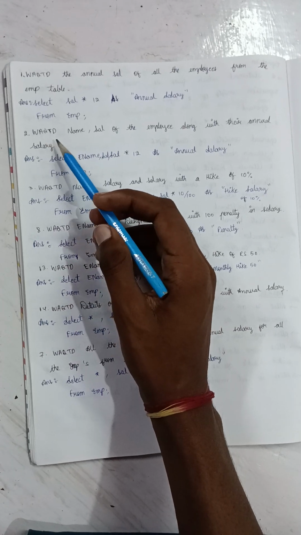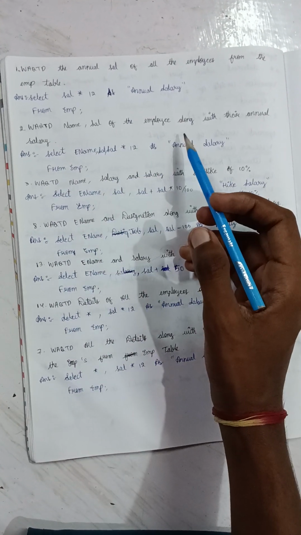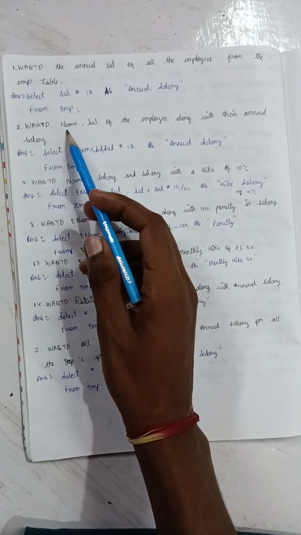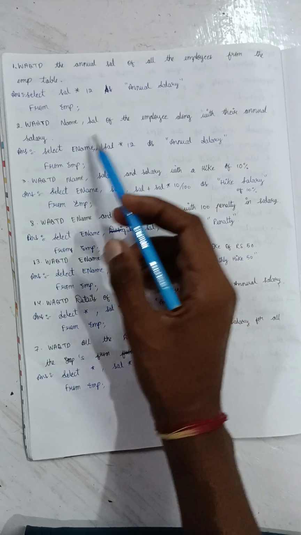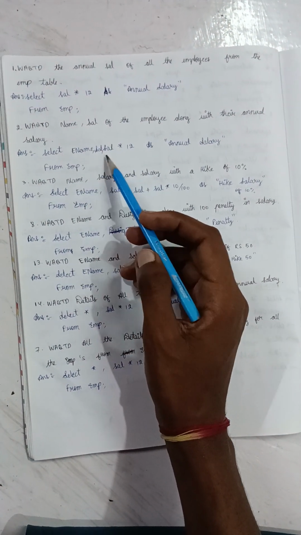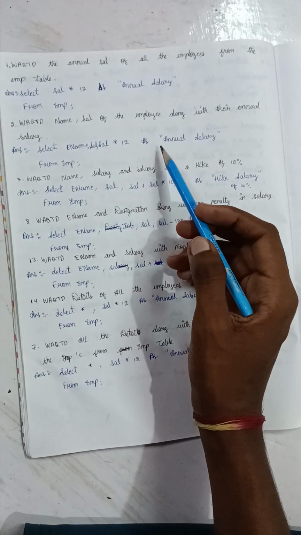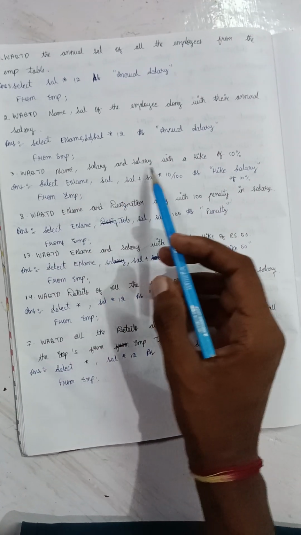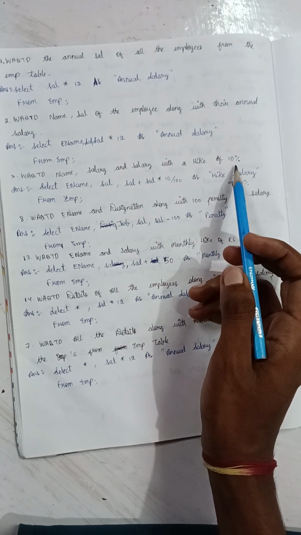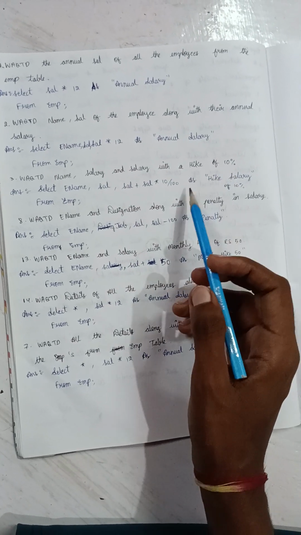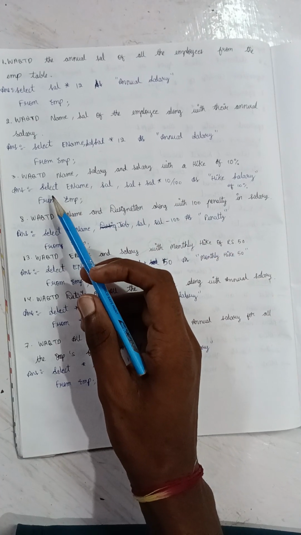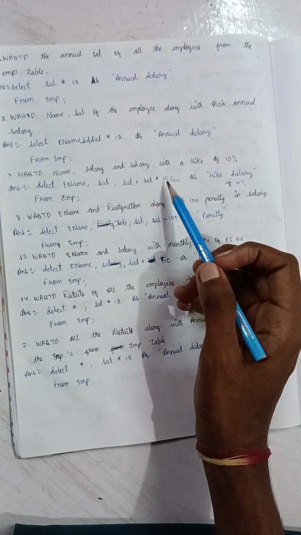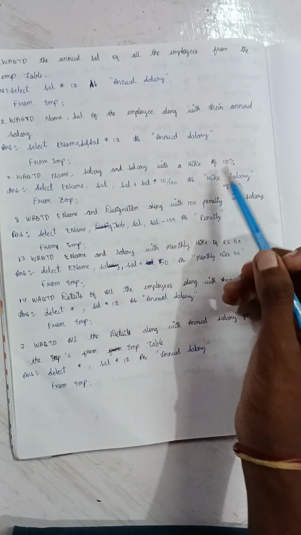Next, write a query to display name and salary of the employees along with their annual salary. Select ename, salary, and salary into 12 as annual salary from employee. Write a query to display name, salary and salary with a hike of 10%. Hike is the increment of the salary. So select ename, salary, and salary plus salary, since we want a 10% hike.